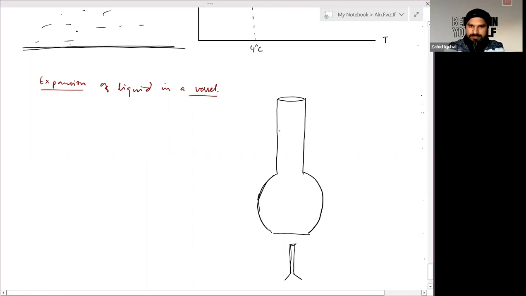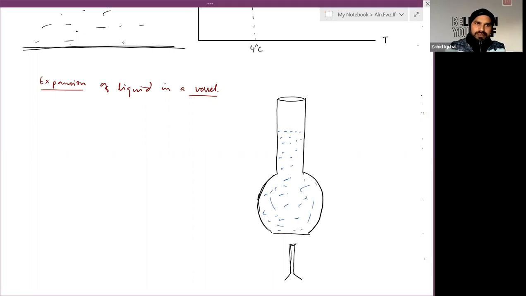And there is liquid initially up to this level in this vessel, placed over the burner.